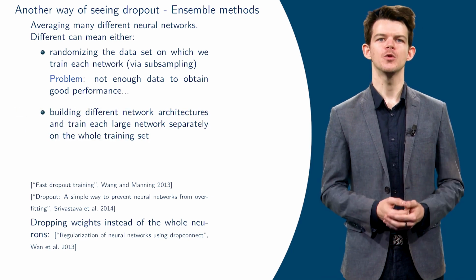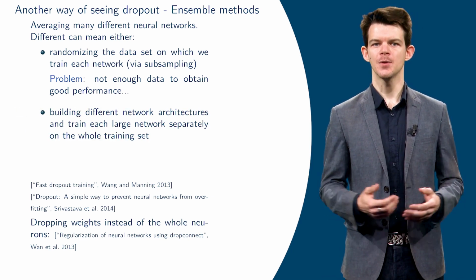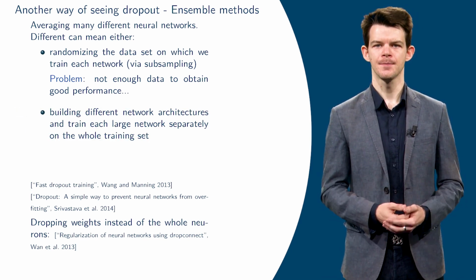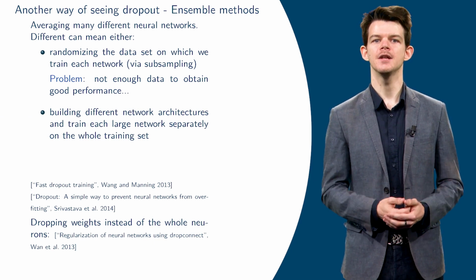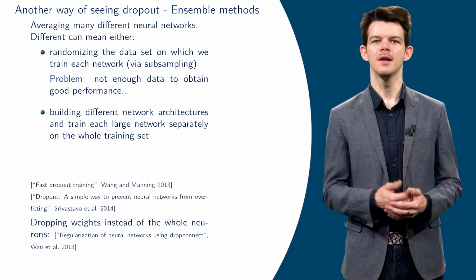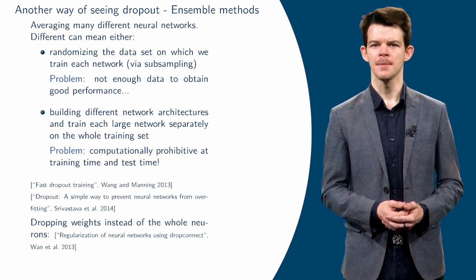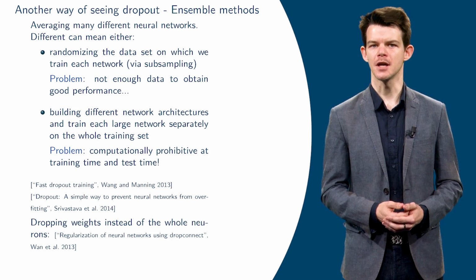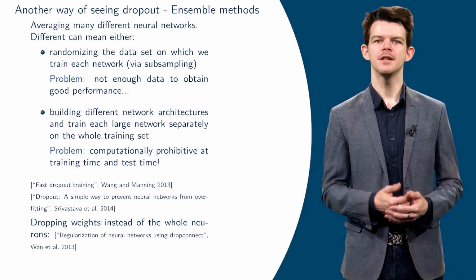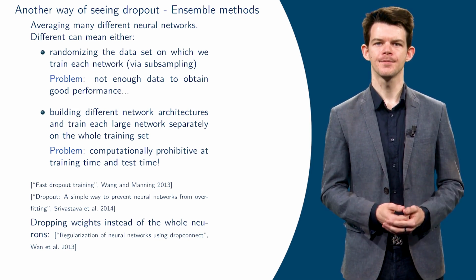The second way would be to create different networks and to train them on the whole training set. In this way, you do not decrease the size of the dataset at your disposal to train each network. However, the problems listed above are the same. It may be too computationally costly to train a large number of neural networks, and the prediction may take too much time. So it is quite complicated to aggregate neural networks.